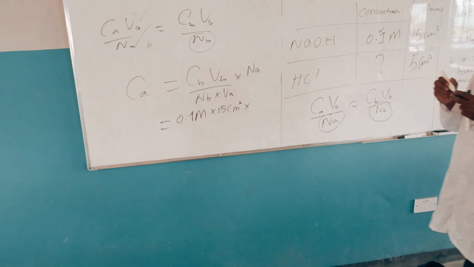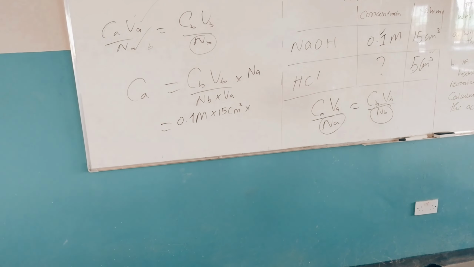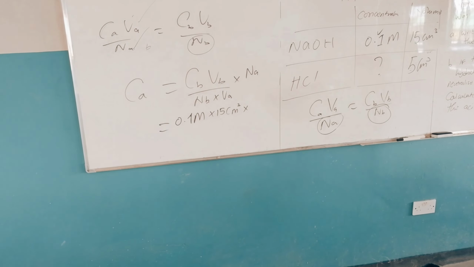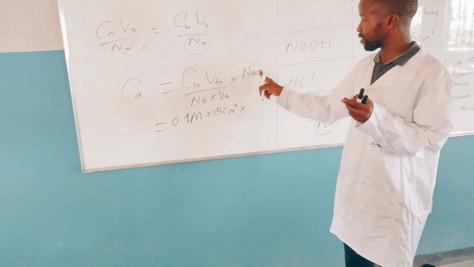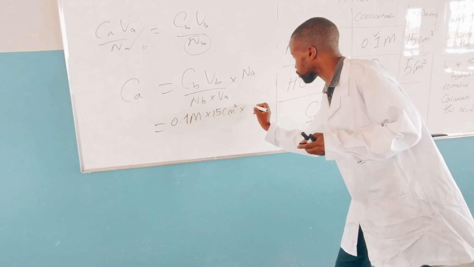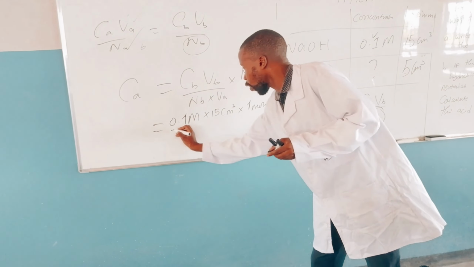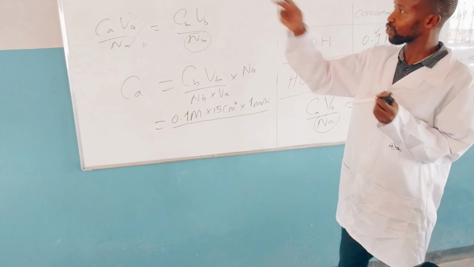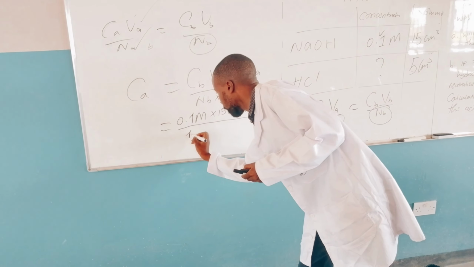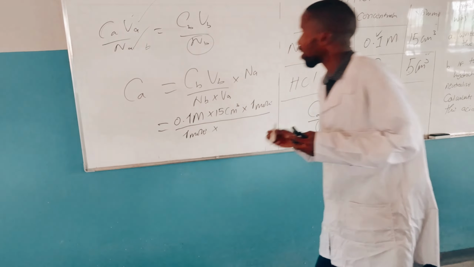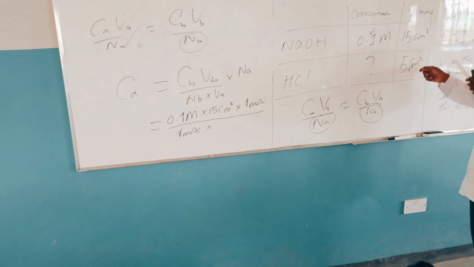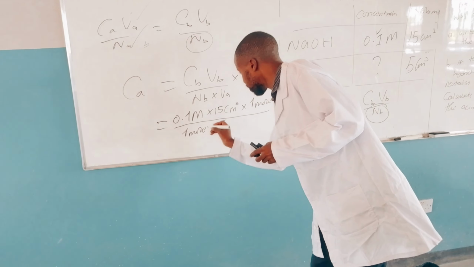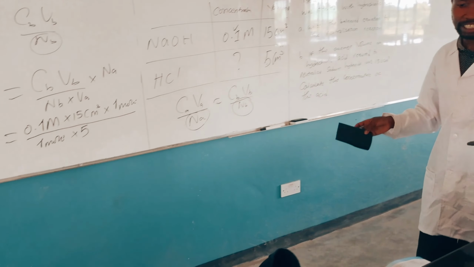The number of moles of the acid HCl is 1 mole, over the number of moles of the base, sodium hydroxide, which is 1 mole. And the volume of the acid used, I think we found, is 5.